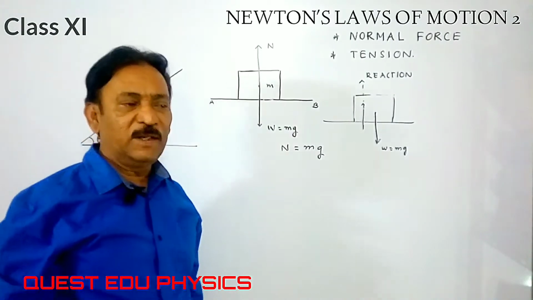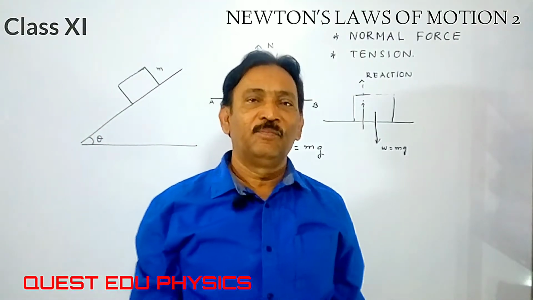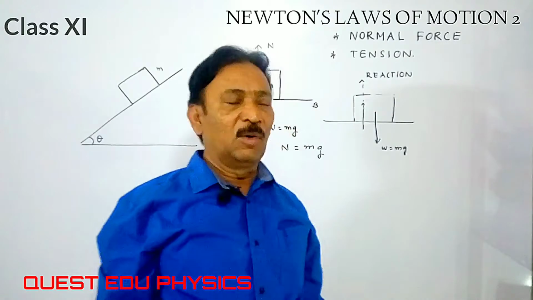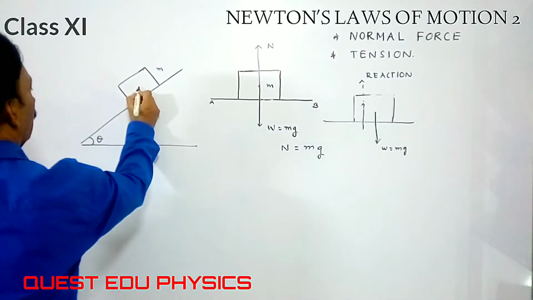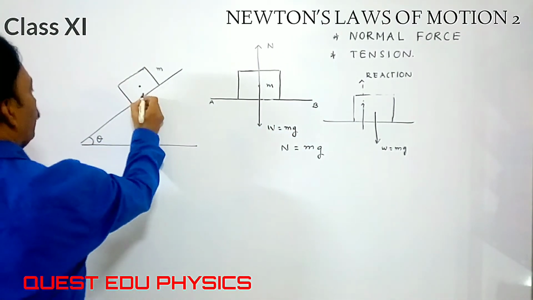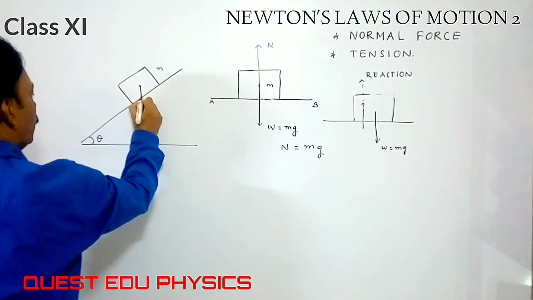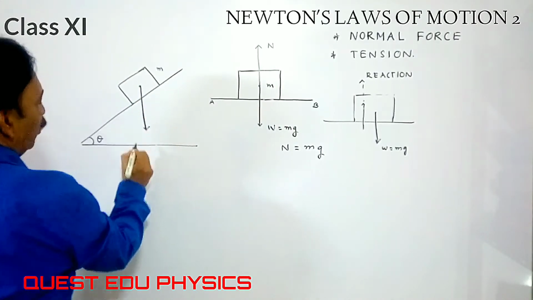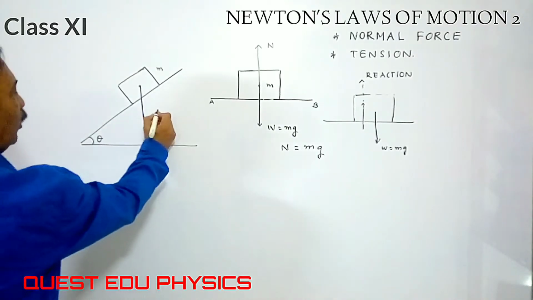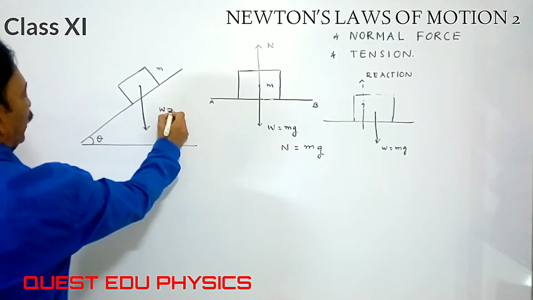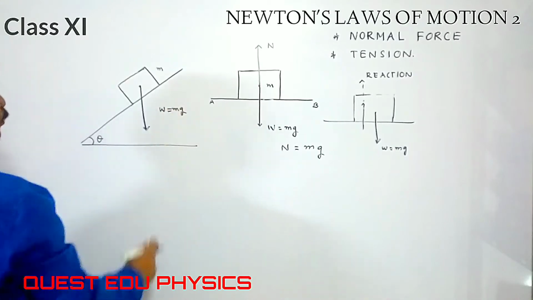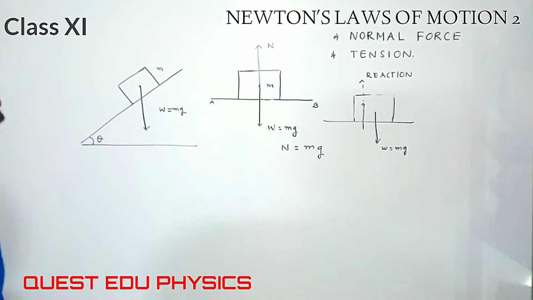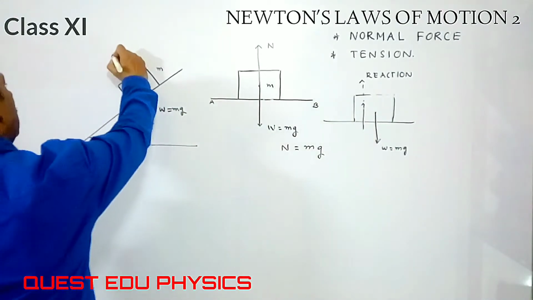We have to find out what the normal reaction is. How do we get it? As usual, this is the center of the body, and the weight of the body acts vertically downwards. We call it the weight. Weight is equal to mg. Okay students, now the normal reaction.